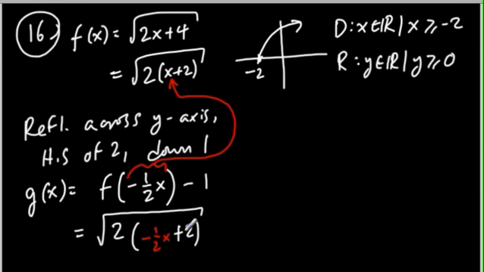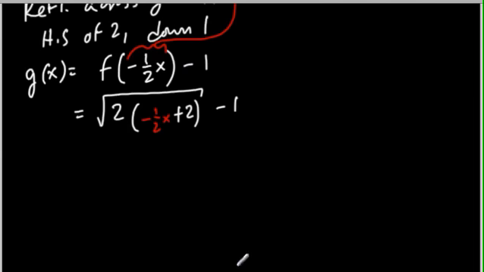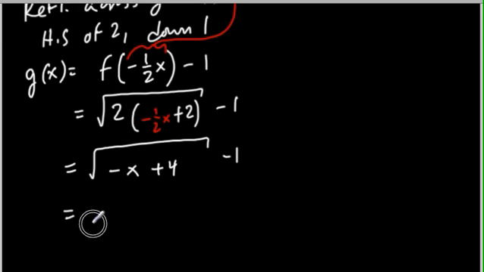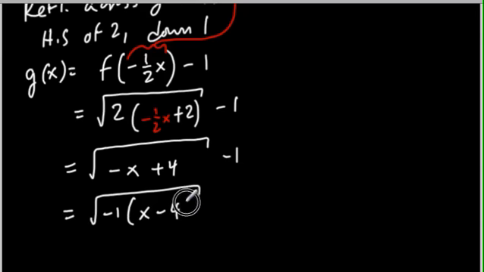Plus 2, so this plus 2 is this one over here. And then don't forget the minus 1 at the end. So what we need to do here is we sort of need to expand this a little bit. So if we multiply this out, we'll basically get negative x, and then 2 times 2 is plus 4 minus 1. And if we factor this out, we'll get negative 1 x minus 4 minus 1. So this is what the equation looks like.